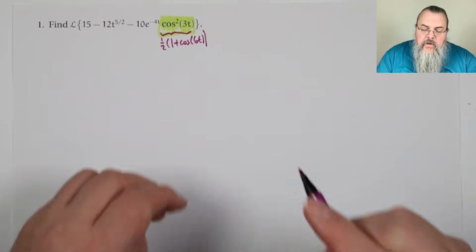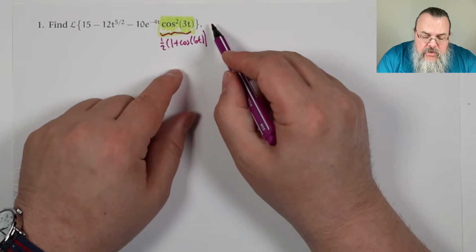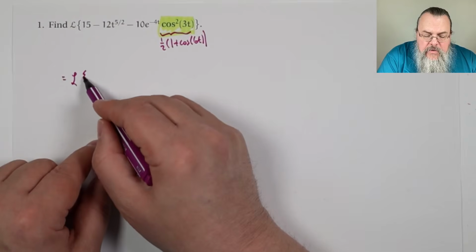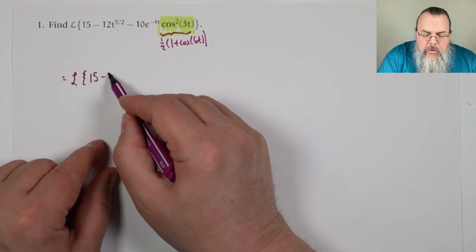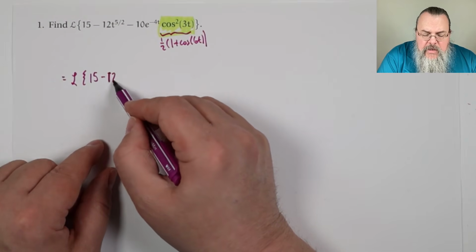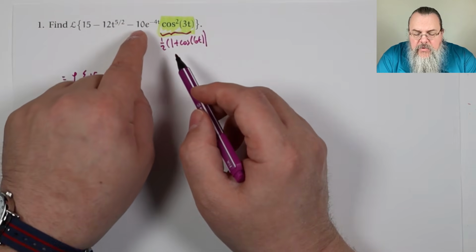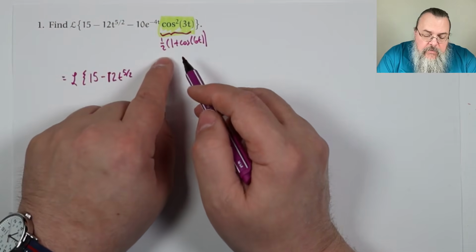All right, so if we do that change, what do we really have? This becomes the Laplace of the first two things we said we were happy with, so we're not going to change those. And then we have 10 times a half makes a 5.